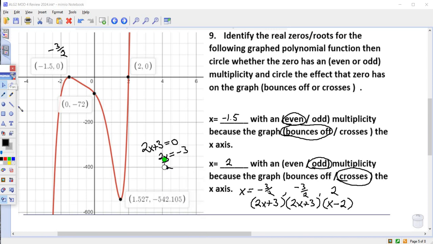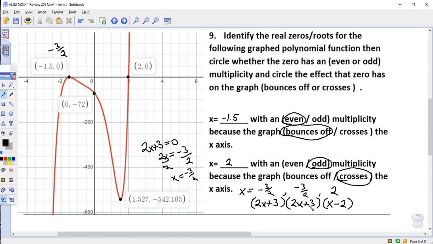And so the zero for this factor would be negative 3 halves, which we see on the graph. That's the negative 3 halves, the negative 1.5 that we see here. So the zero of 2x plus 3 is negative 3 halves, and we already know that. We see it bounce off the graph right at negative 3 halves.